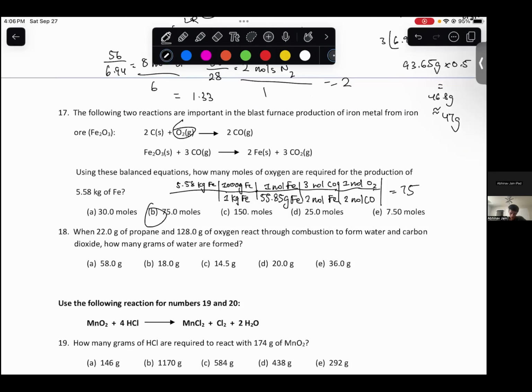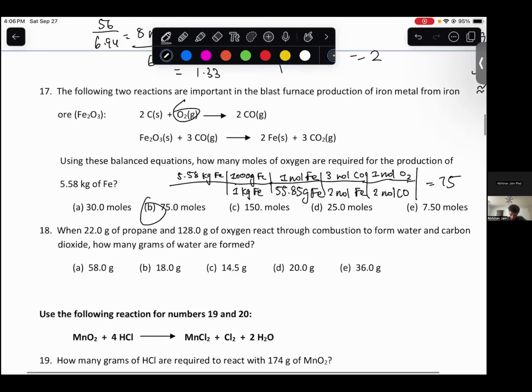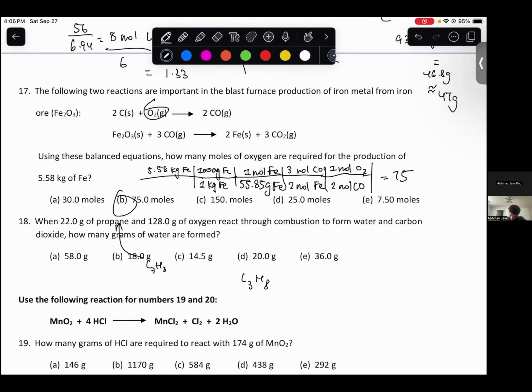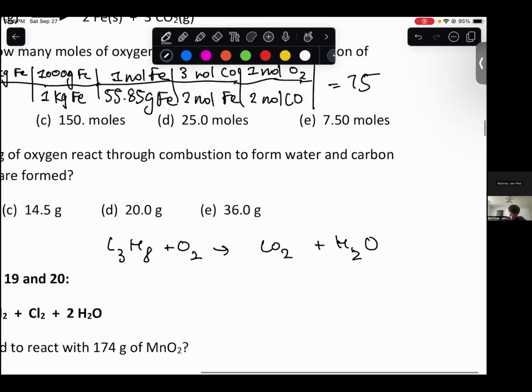18. 22 grams propane, 128 grams of oxygen. So propane, just as a reminder, that's going to be C3H8. We're doing a combustion reaction. So that means we're going to do hydrocarbon plus oxygen to form carbon dioxide and water. So CO2 plus H2O. To balance this out, we're going to need 3 carbon dioxide molecules because 3 carbons, and then 4 water molecules to balance out the hydrogens.